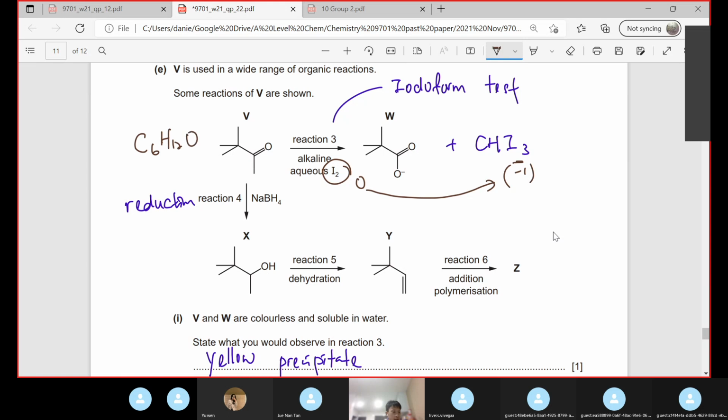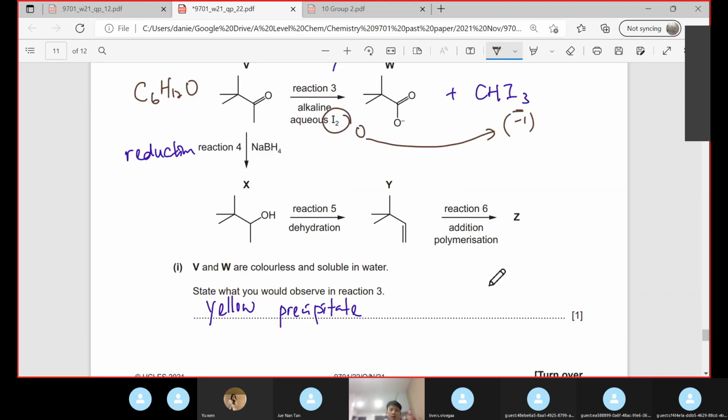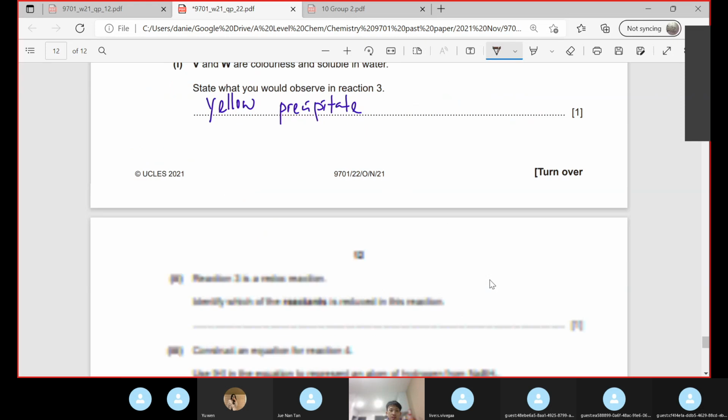This is provided from the question. Then what is the product? If you count carefully, same number of carbon, just the hydrogen. 3, 3, 3, 9, another 3, 12, 1 here, 13, 14. So C6H14O.